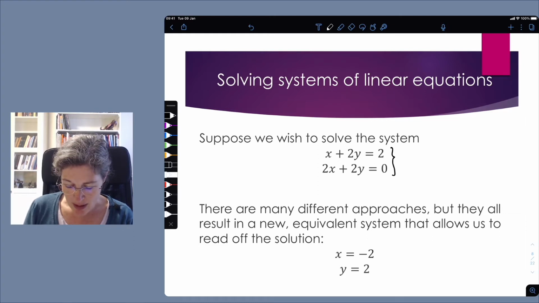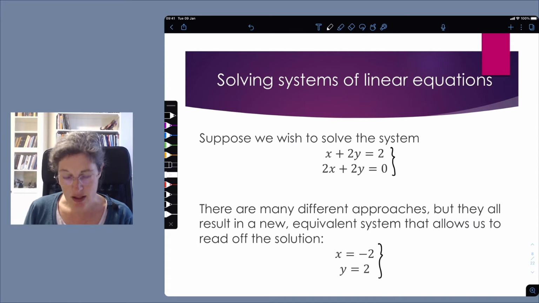Well, you will end up with a step that says x is equal to minus 2 and y is equal to 2, hopefully, if you didn't make a mistake. And although we don't think of it like this, these are 2 linear equations. This really says 1x plus 0y is equal to minus 2, and the second equation says 0x plus 1y is equal to 2.